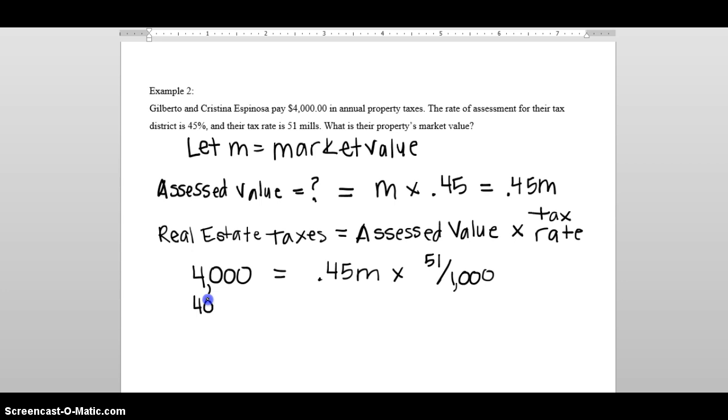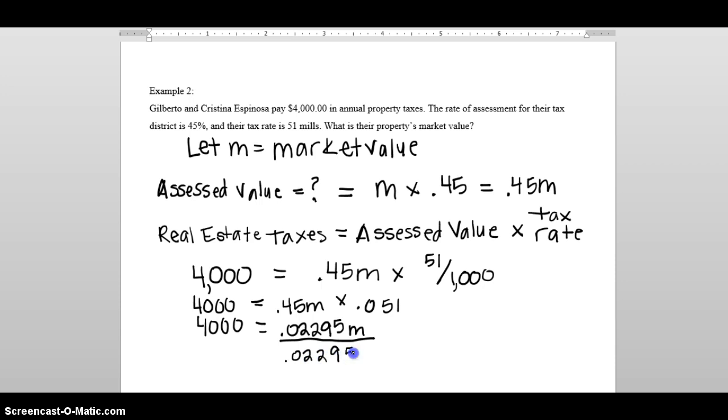So when we simplify, we have 4,000 equals 0.45 M times 0.051. Multiplying gives us 4,000 equals 0.02295 M. Divide both sides by 0.02295.